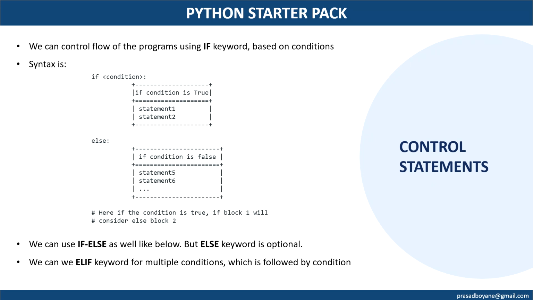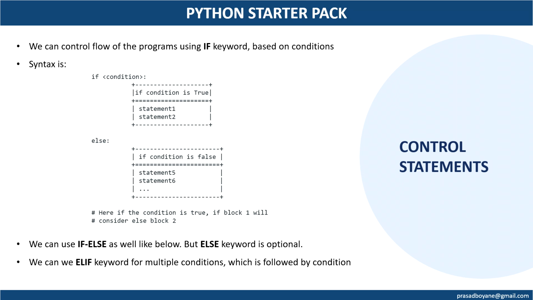Along with if, the else keyword is also there. If the condition is not true, then it will go to the else statement. Else is completely optional; we can use only the if condition as well. In the syntax, else does not have any condition in front of it. If the condition of if is not satisfied, then automatically it will go to else.